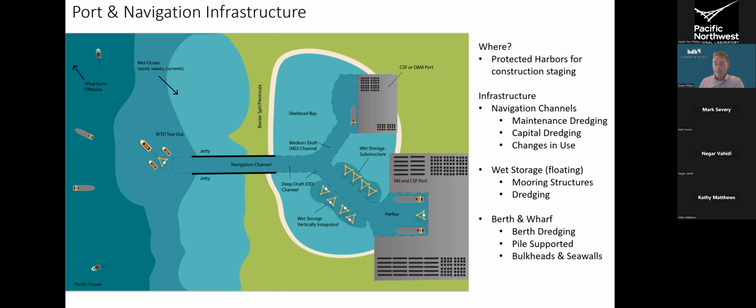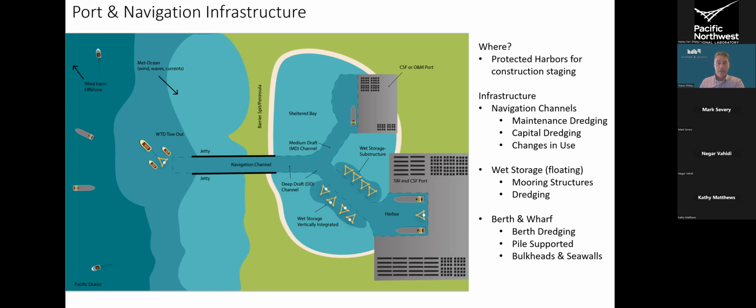There may need to be localized modifications to a channel, potentially for a specific project, or maybe in the future there are changes of uses, different types of vessels coming in. For floating, you've got a dead ship tow type vessel being brought through the channel, which is a little different than in the past. There may need to be wet storage for floating. So that's additional dredging needs off channel, so that doesn't have any effect on the ongoing navigation.